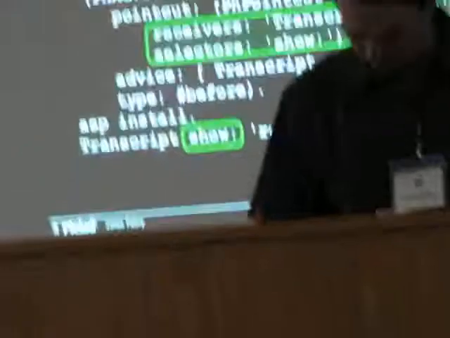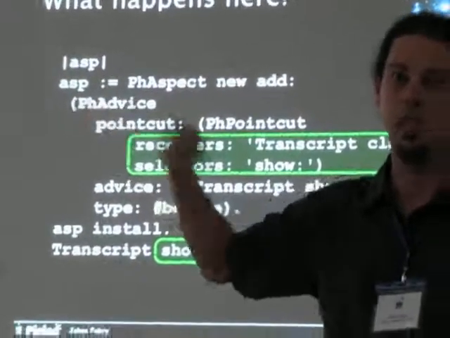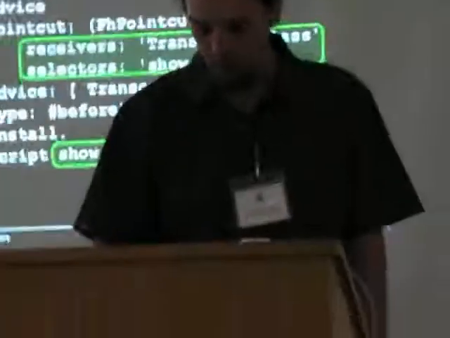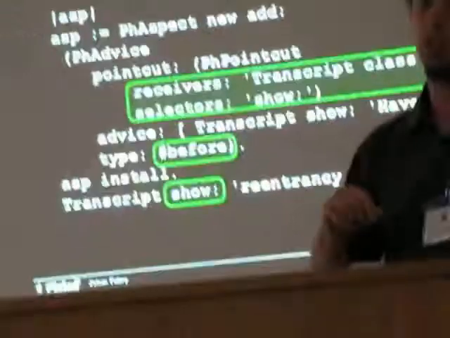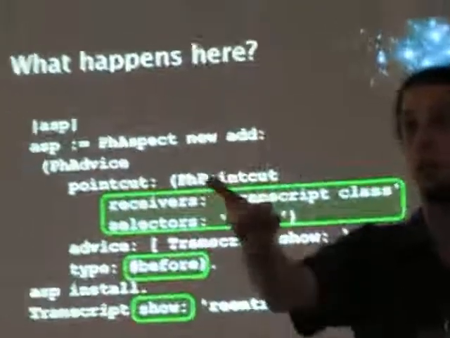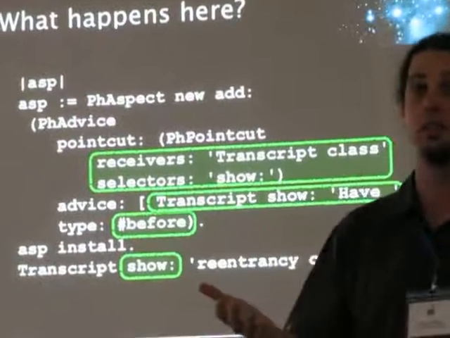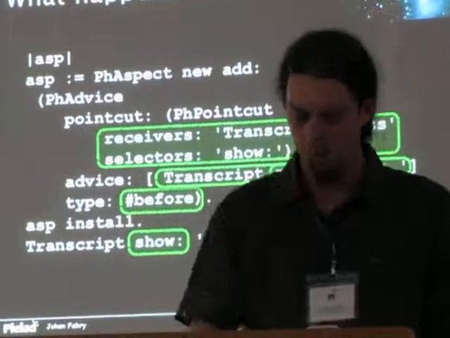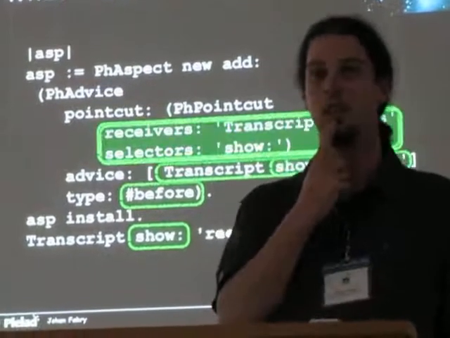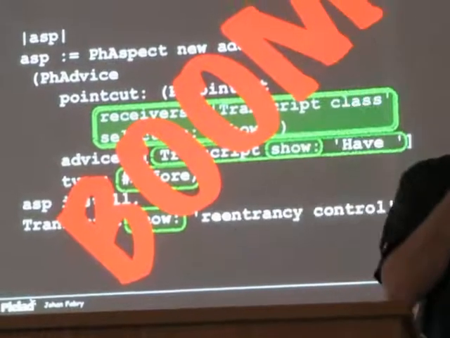Let's abstract over that. Basically, it's going to intercept, which means that it's going to run before the line at the bottom. It wants to execute its behavior, its advice, which is showing the transcript. Which means I'm sending the show message, which means that it's going to be captured by the pointcut, which means I have an infinite loop.